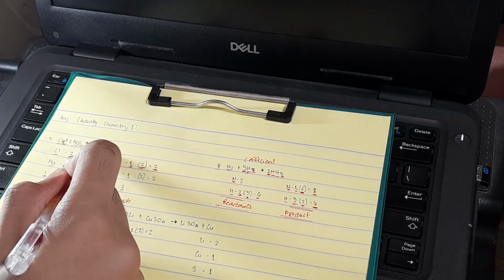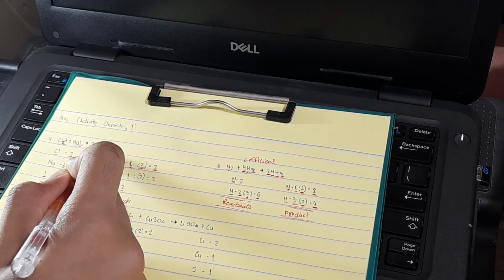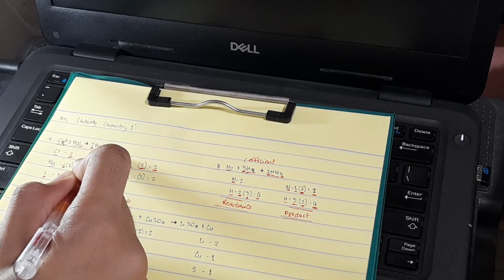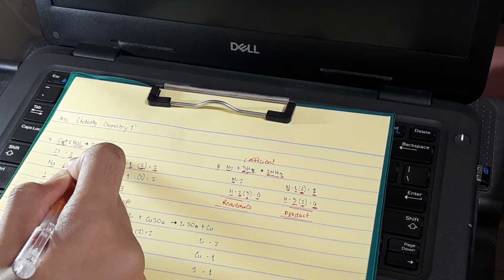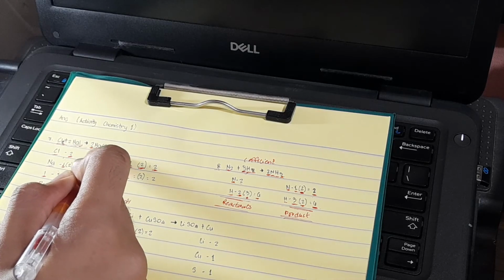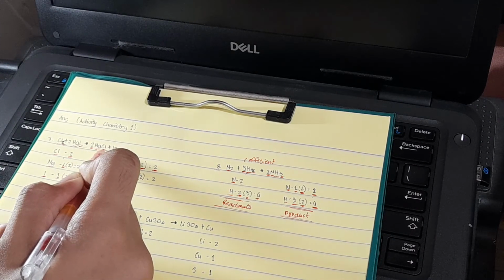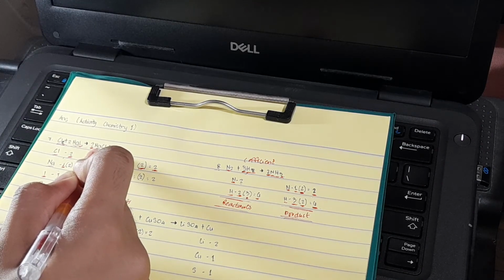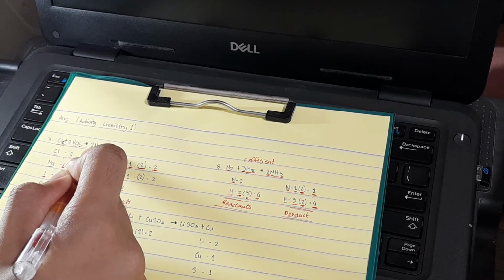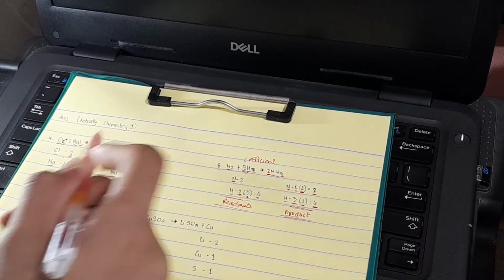So, since they are attached, the number 2 will automatically affect Na with the coefficient, because Na and Cl are together.